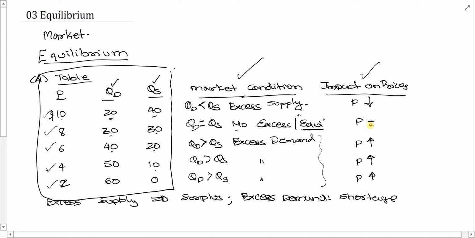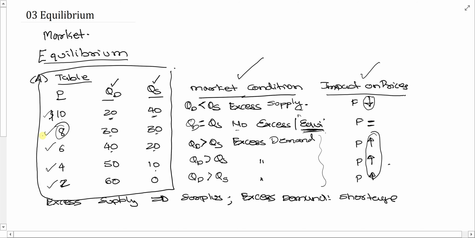And at a price of 8, the market will achieve what we call equilibrium. At this point, the prices will stop moving. At all other price levels, either the prices are going up or going down, and hence the prices are moving.